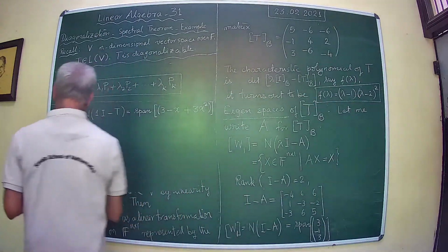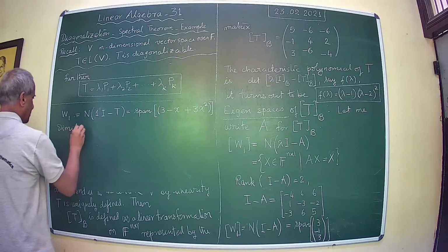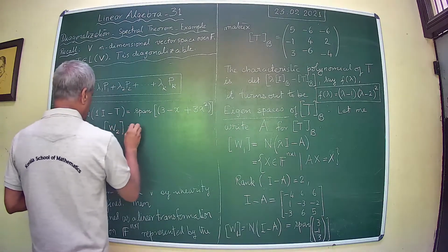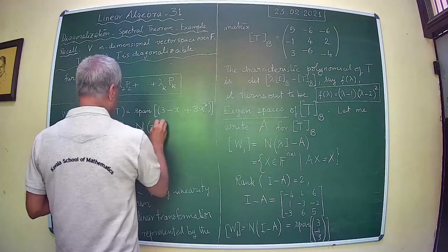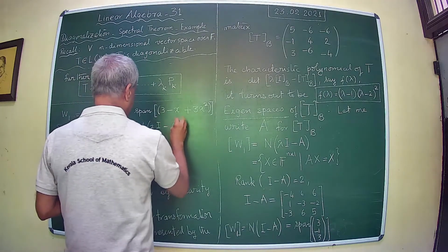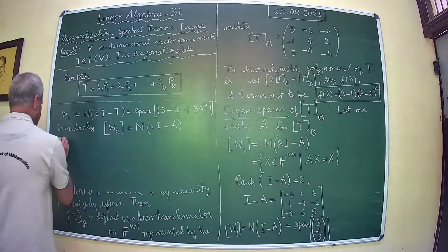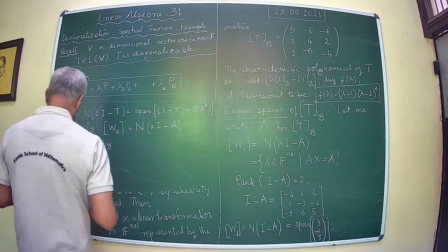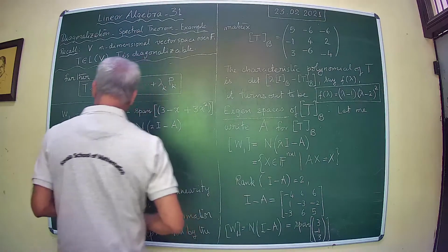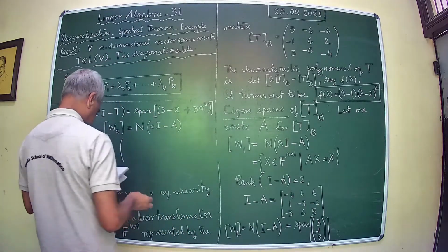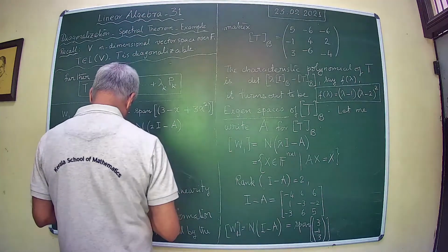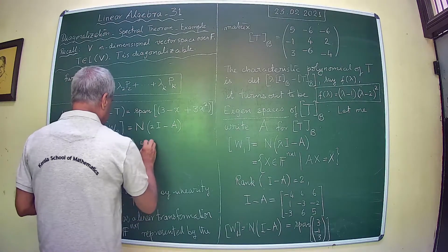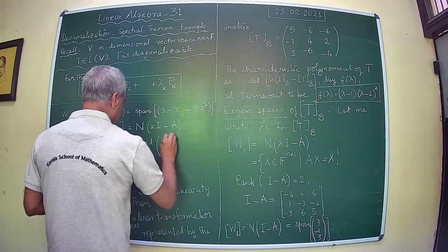Similarly, W2 is spanned by the vectors, to 0.